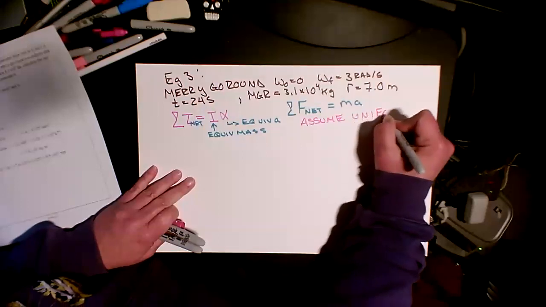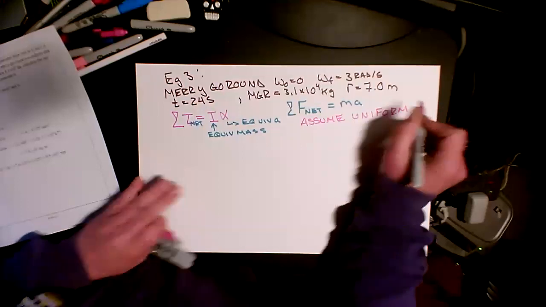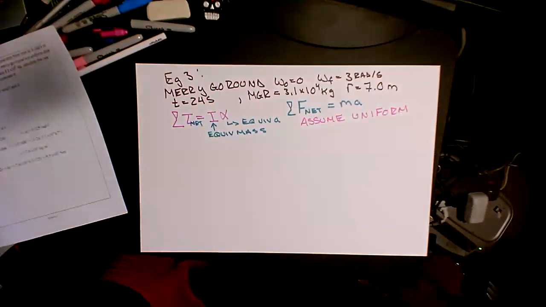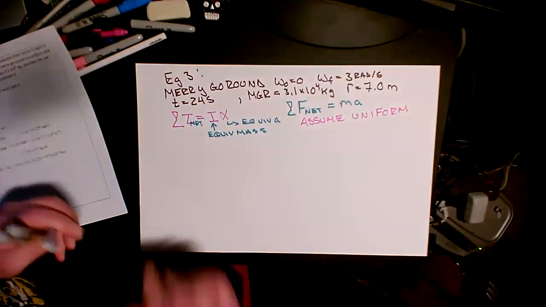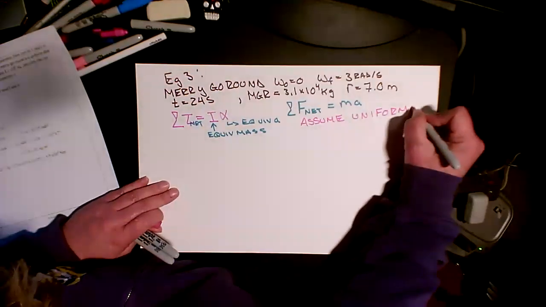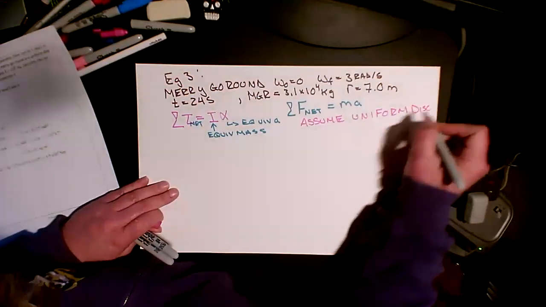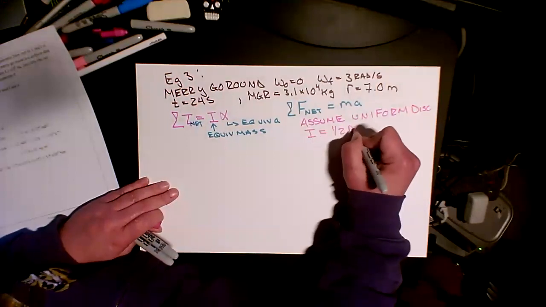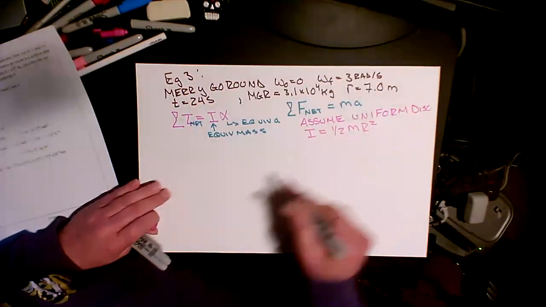So this is when you open up your book to page 210. If you open it up to page 210, then you will see for a uniform disk that I is 1/2 mr squared.